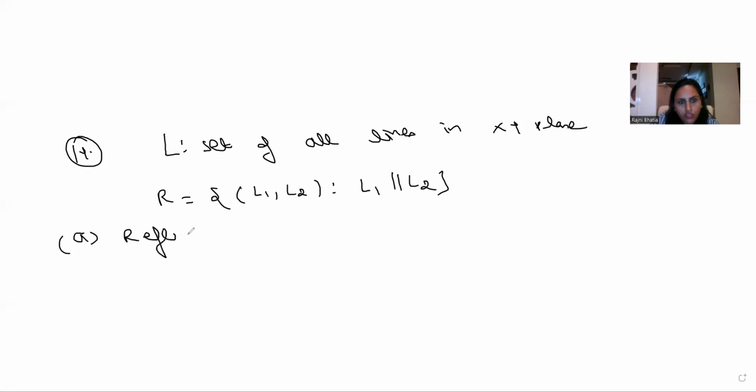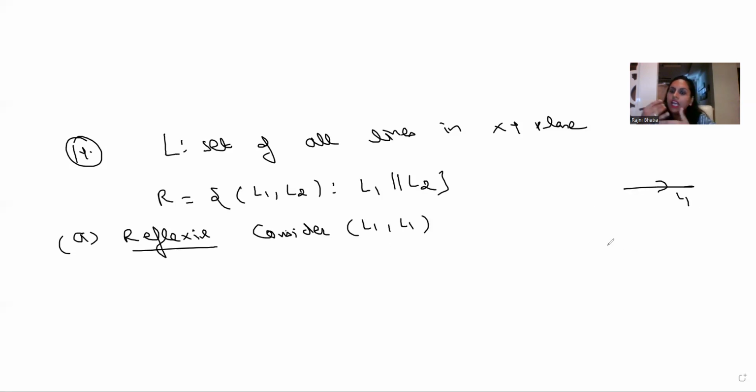So, first of all, we will talk about reflexive. For reflexive, we are going to write, consider L1, L1. Now, this is the line L1. A line is coinciding with the same line, or we can say that these two lines are parallel, they are coinciding.